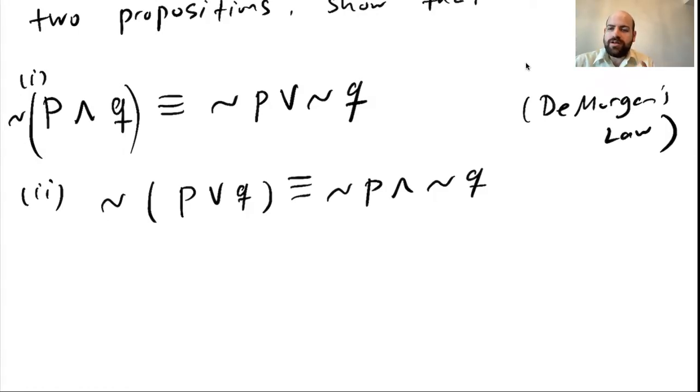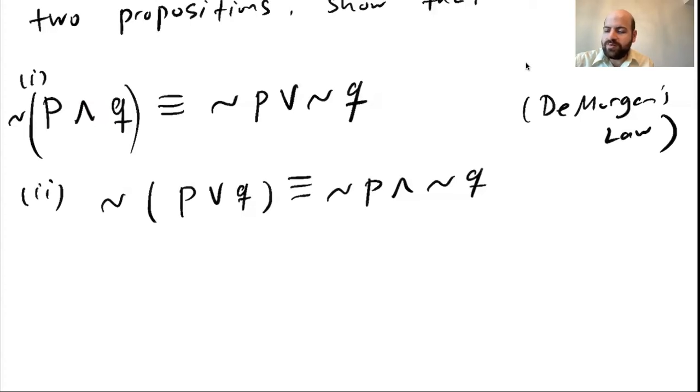I'm sure you have heard about De Morgan's law, at least in set theory. The complement of A intersection B is A complement union B complement, and the complement of A union B is A complement intersection B complement. So it's very similar to that, but instead of complements, we have negations, and instead of union and intersection, we have disjunction and conjunction. But the idea is very similar.